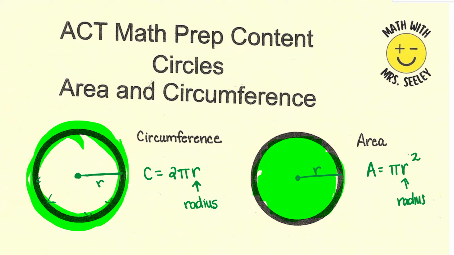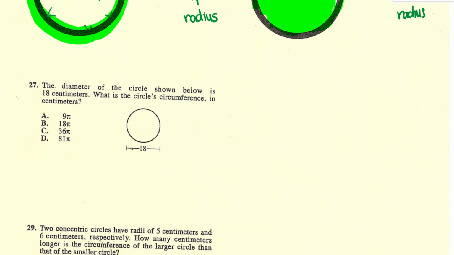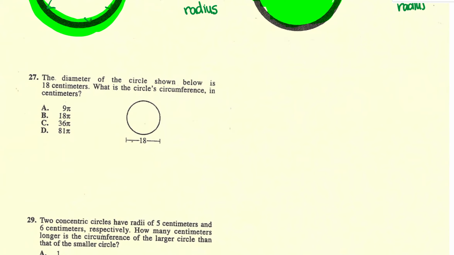Okay, let's begin applying it in ACT problems. On this first one, it says the diameter of the circle shown below is 18 centimeters. What is the circumference of the circle? So it wants circumference. That formula is 2 pi r, so I need my radius.